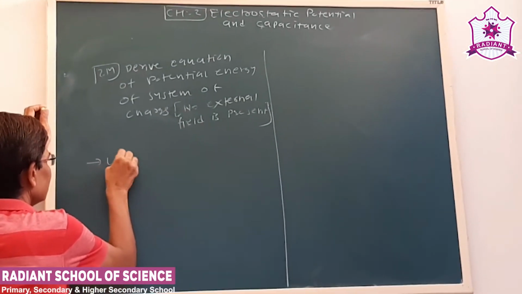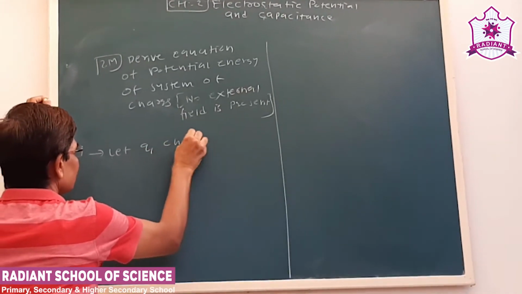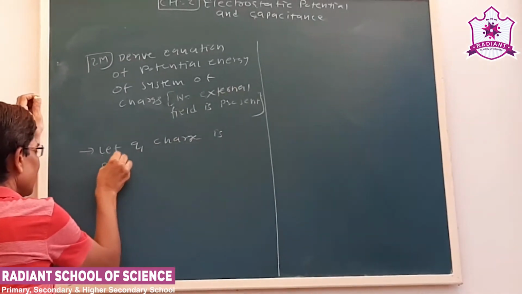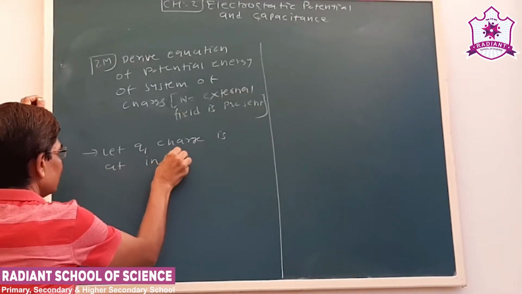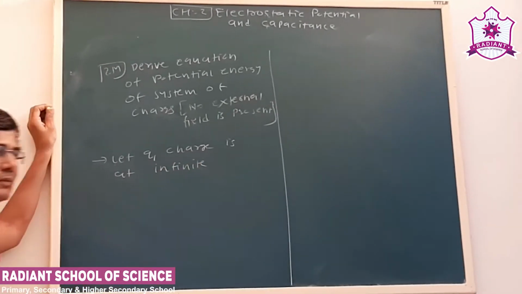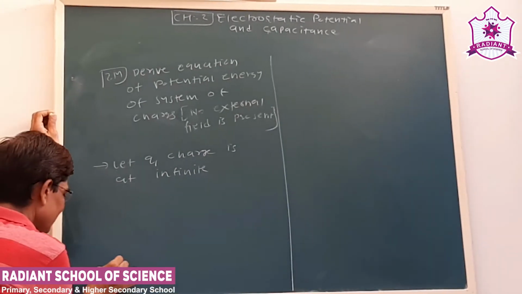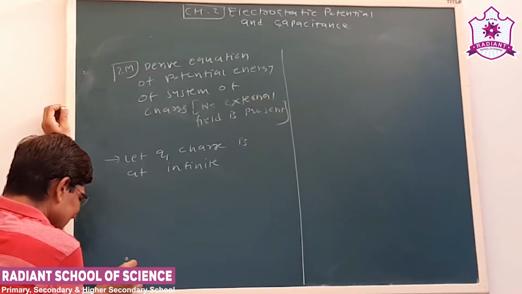Now let Q1 charge be at infinity. Let us say for simplicity we assume this is our origin.